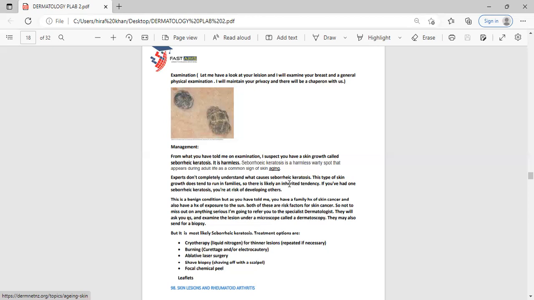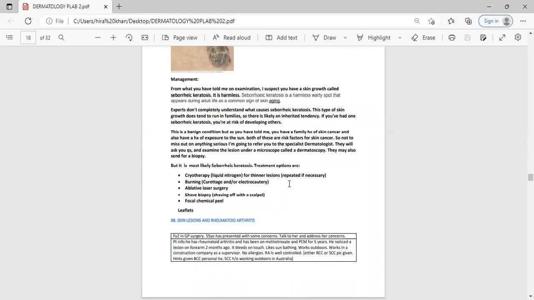Then the patient will ask what treatment options are available. You have to mention that peeling is available, you can have freezing therapy, there's a treatment in which they might burn the lesion, and they might shave the lesion, and they're different. After proper assessment, you can decide what you want to go with regarding your treatment options.